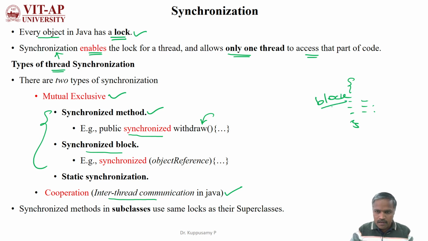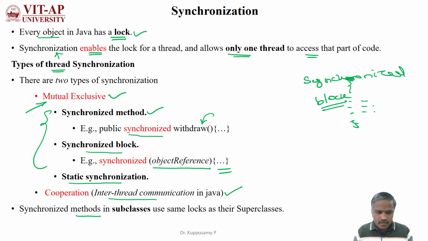This block of lines is defined inside the synchronized keyword. So we define the synchronized keyword, then some object, then some statements inside the curly braces, which is called a synchronized block. Then we have the static synchronization approach.